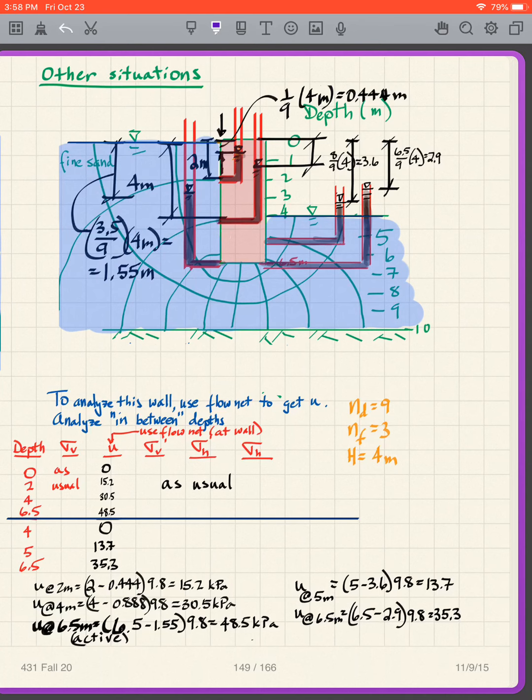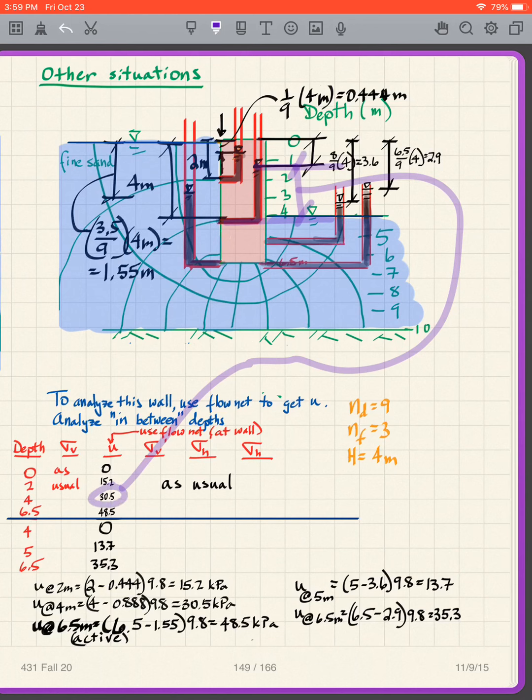So I can figure out using geometry. I don't want to review flow nets all the way at this particular time, but once I know the drop, then the pore pressure is this distance. So I use simple geometry to figure out that distance, which is going to give me the u at the base of the wall. And then I also would get, you've got to use the picture, that is going to give me the u there.